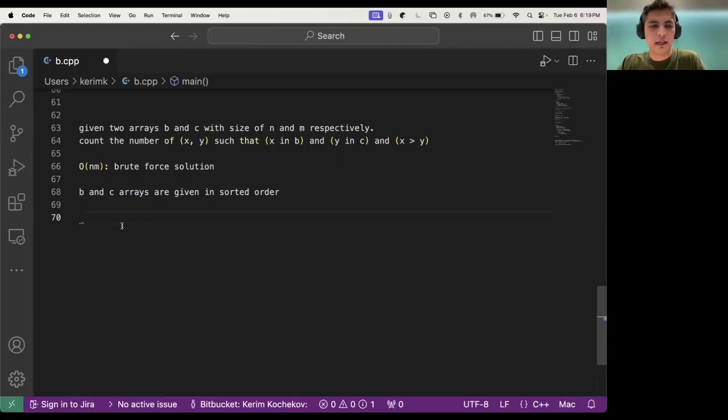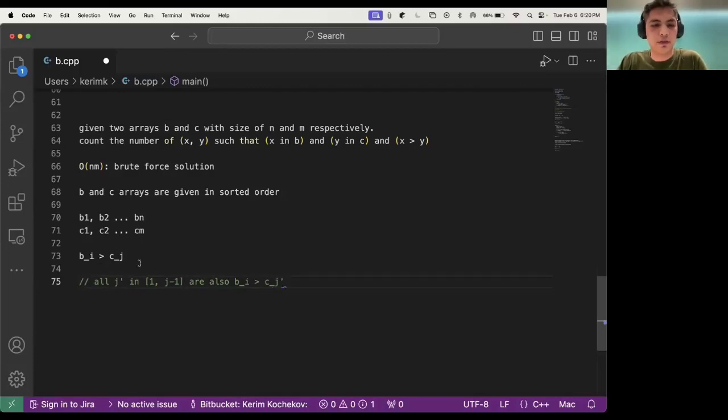But the thing is that whenever our arrays are B1, B2, up to Bn, and C1, C2, up to Cm, we see that whenever Bi is bigger than Cj, in that case all j's in 1 to j minus 1 are also in this condition.